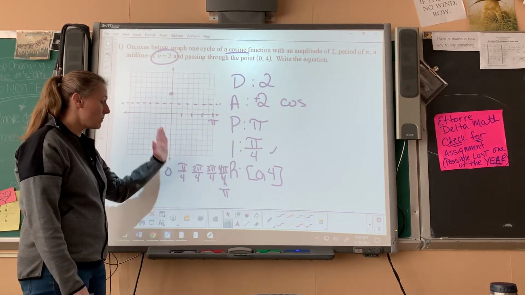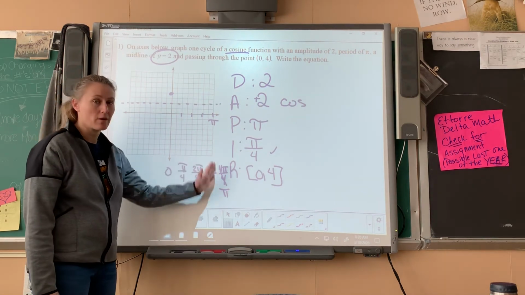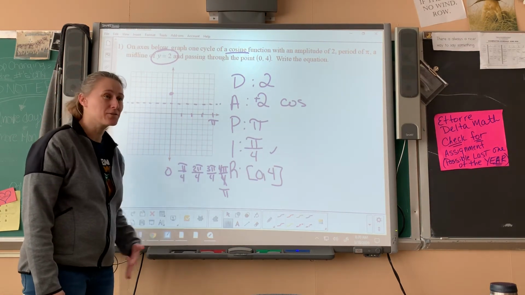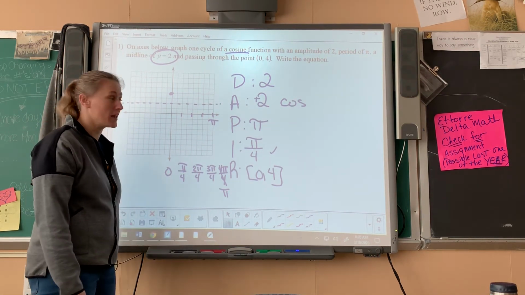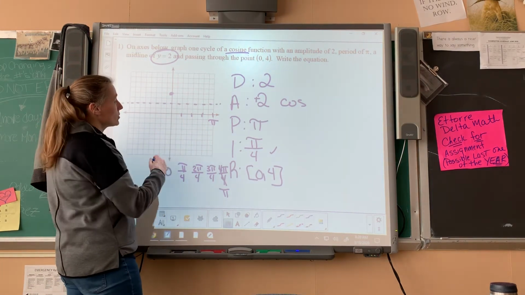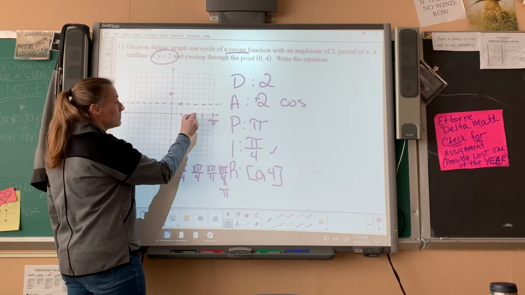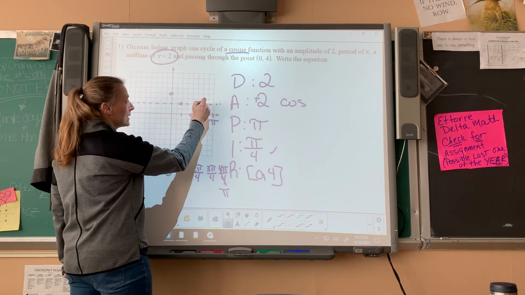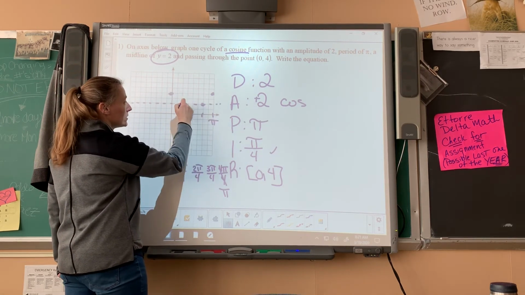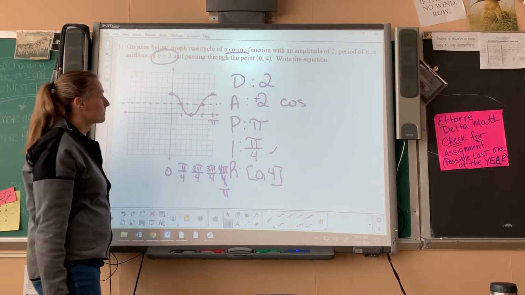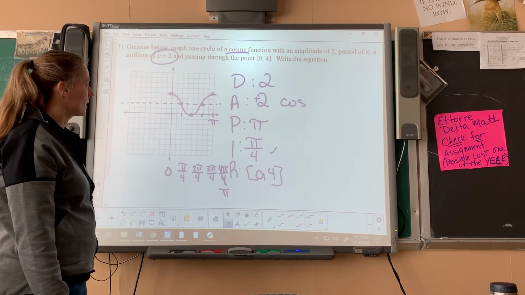So 0, pi over 4, 2 pi over 4, 3 pi over 4, 4 pi over 4. Any sort of interval you have, you count just like that. So then we just do our 5 points. 1, midline, min, midline, max, and we draw. There we go. That's it.